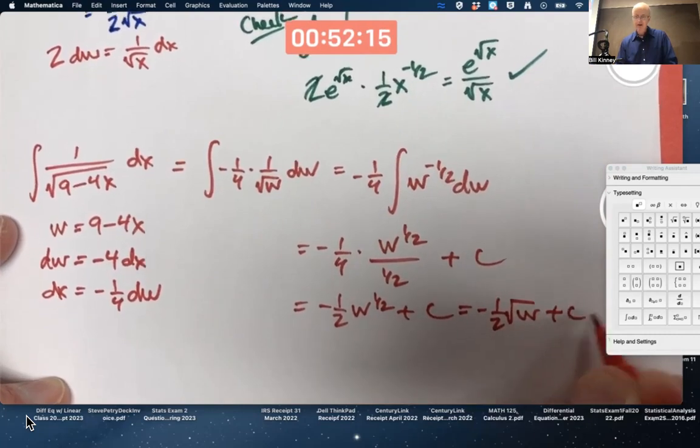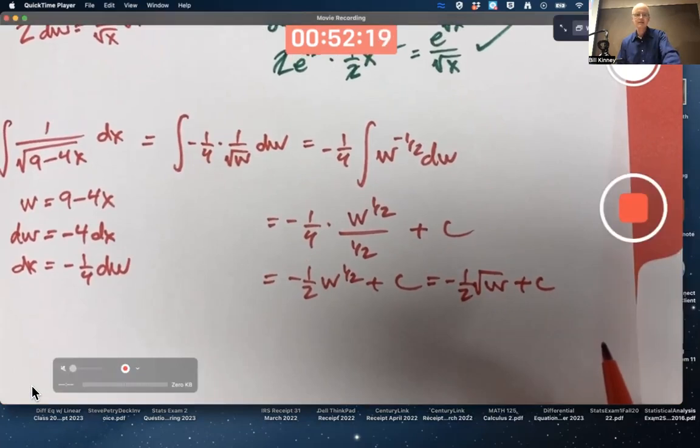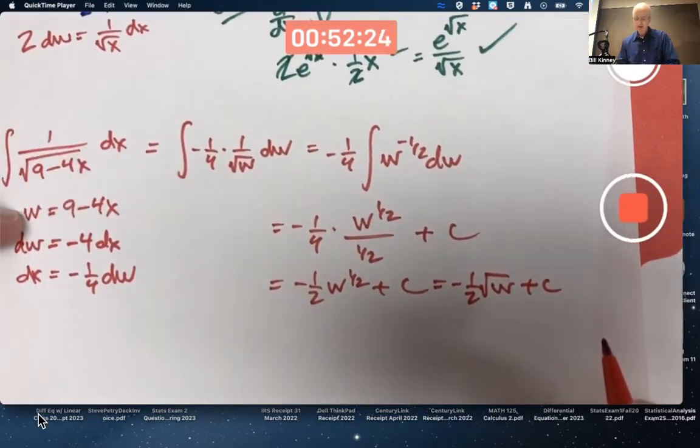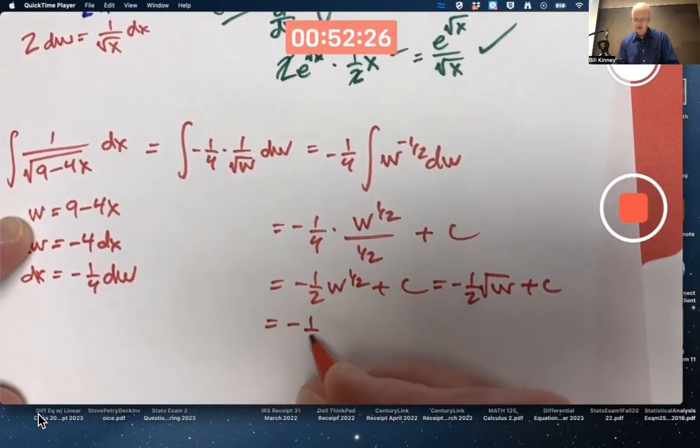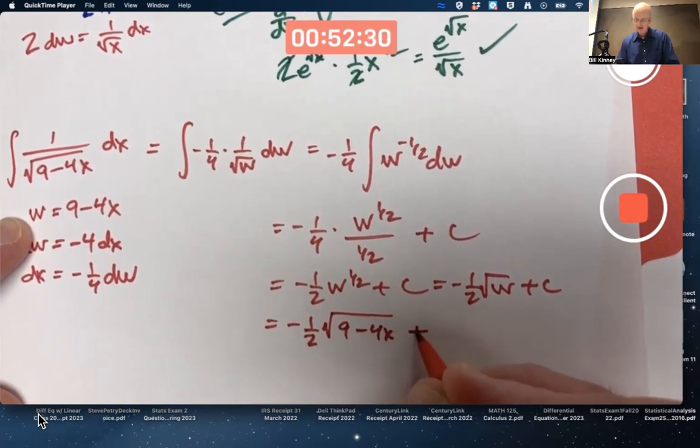In terms of w, there's the answer, but get it back in terms of x. w is 9 minus 4x. The final answer looks to be negative 1/2 square root of 9 minus 4x plus C.